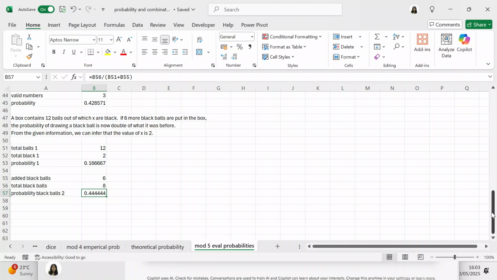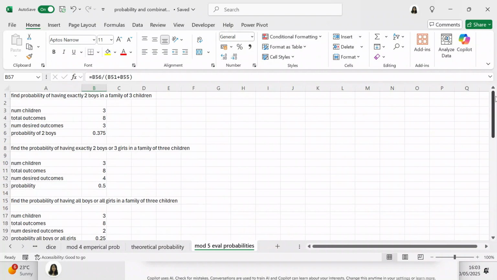So that concludes all of the questions in Module 5 of the Alison course, Probabilities and Combinatorics. And this is the Evaluating Probabilities module. And we've answered the questions in Excel to give you an idea how to answer those questions in Excel.